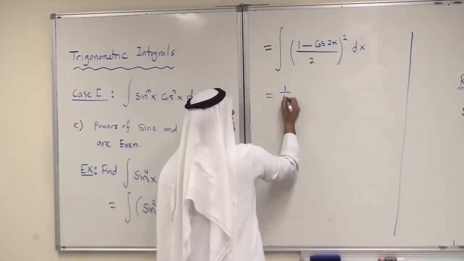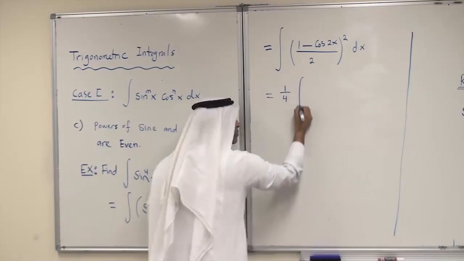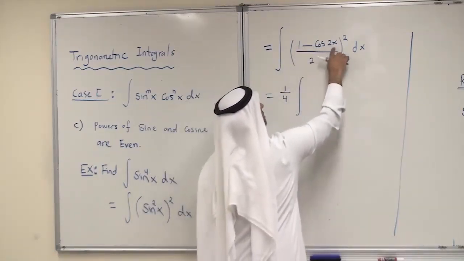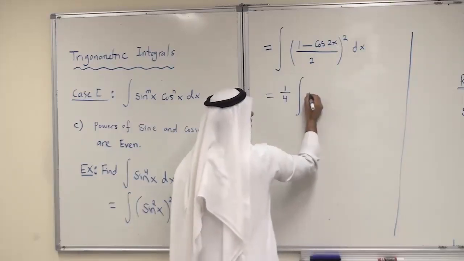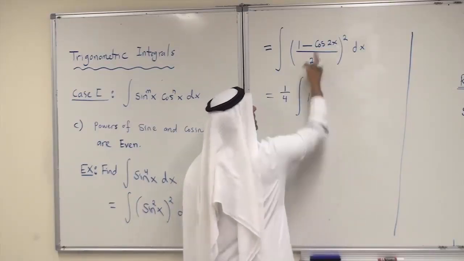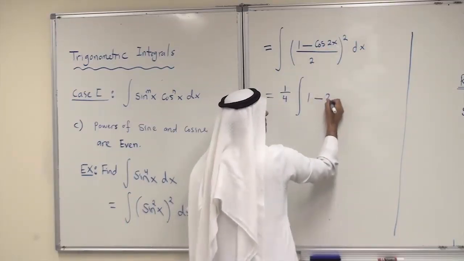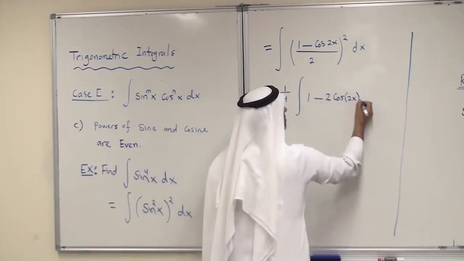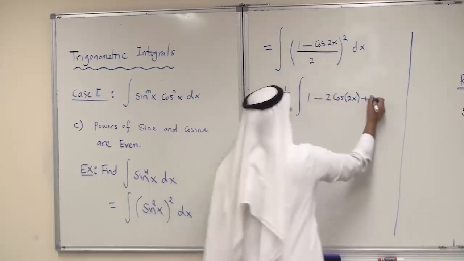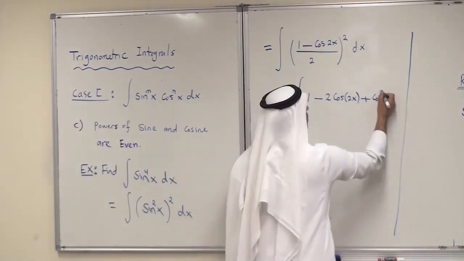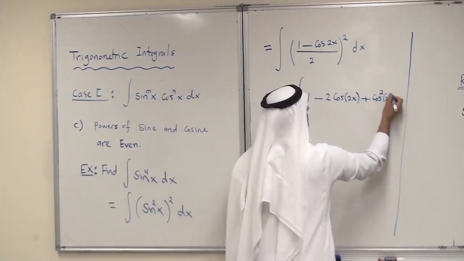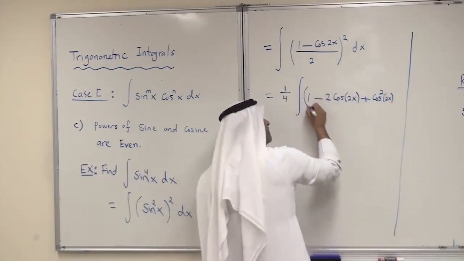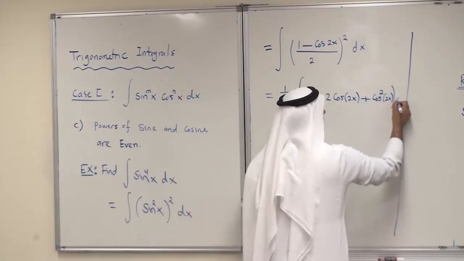I can take it outside if I like, so I will choose to take it outside. Then I have 1 minus cosine 2x all squared, that is 1 minus twice the first times the second, so that is 2 cosine of 2x, plus next I have cosine squared of 2x, squaring the second one. All of this should be integrated with respect to x, so that is dx.